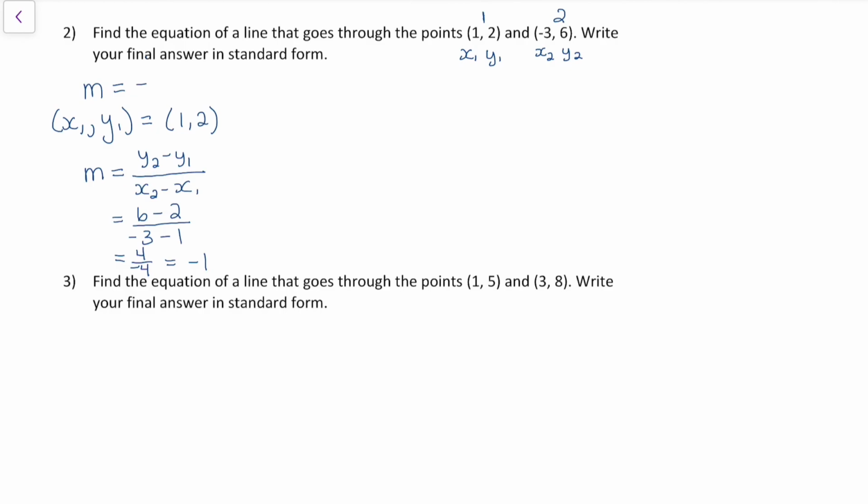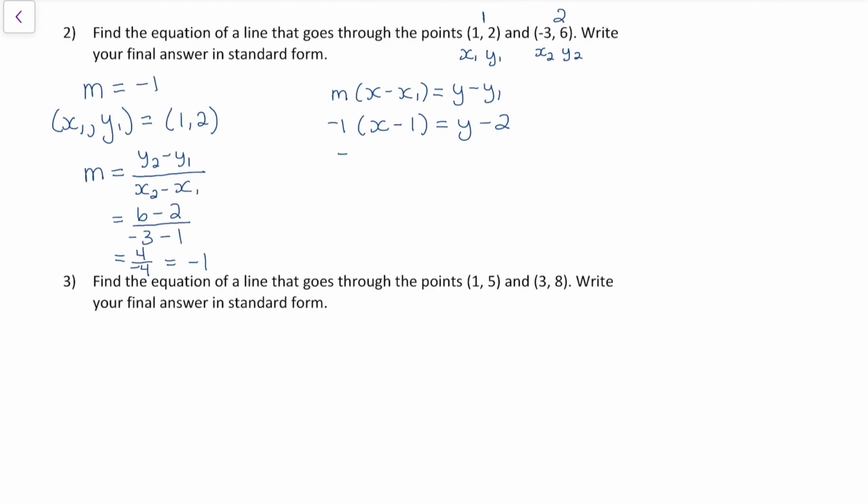So I now know my slope and my point, and I can use point-slope form to find the equation of my line. I'm going to put in my information, negative 1, x minus 1, y minus 2, and then I can expand and solve into standard form like the question's asking.